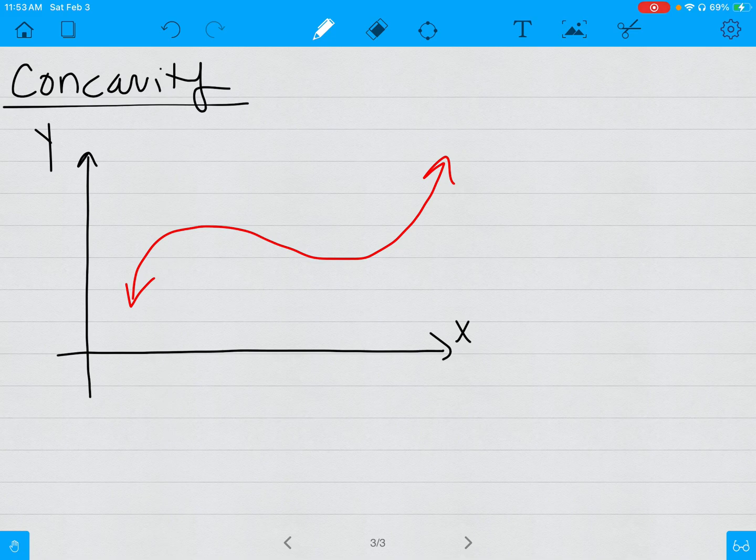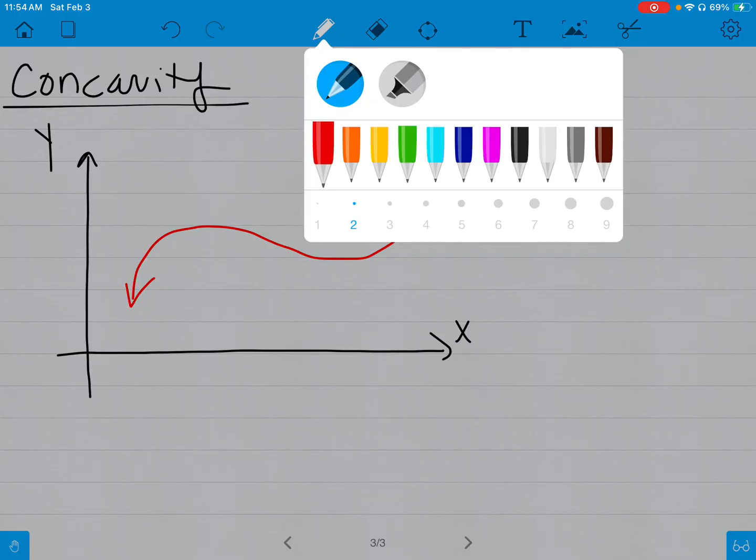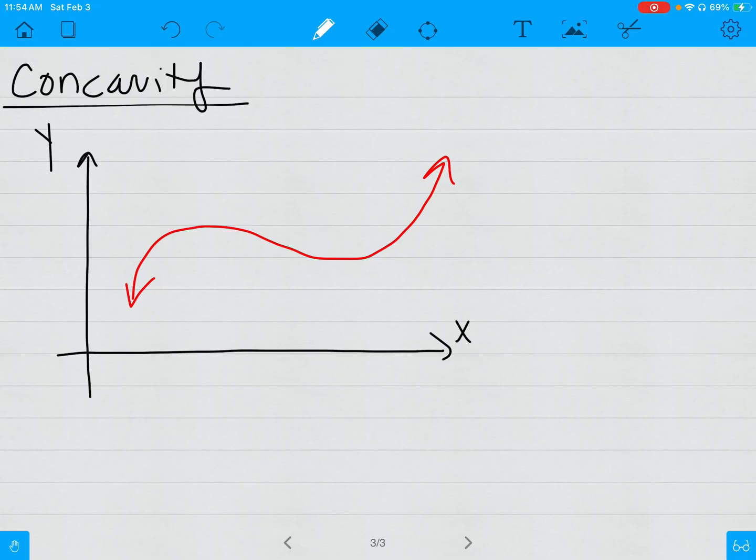Now, here's our graph. Where is it increasing? Where is it decreasing? Well, it's increasing here on this left-hand side where we're starting and curving up to the hill.